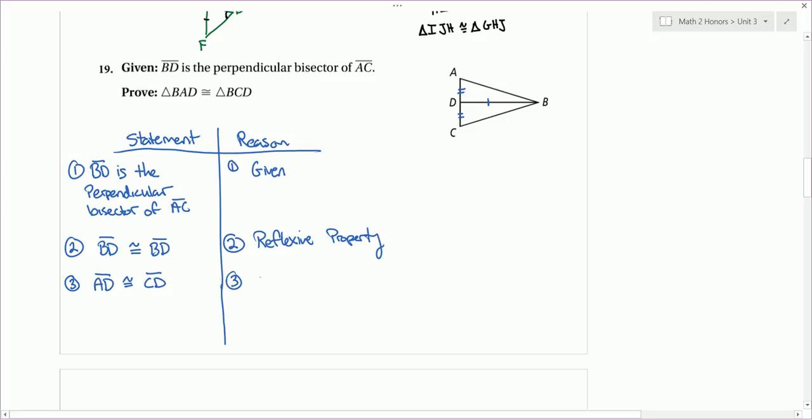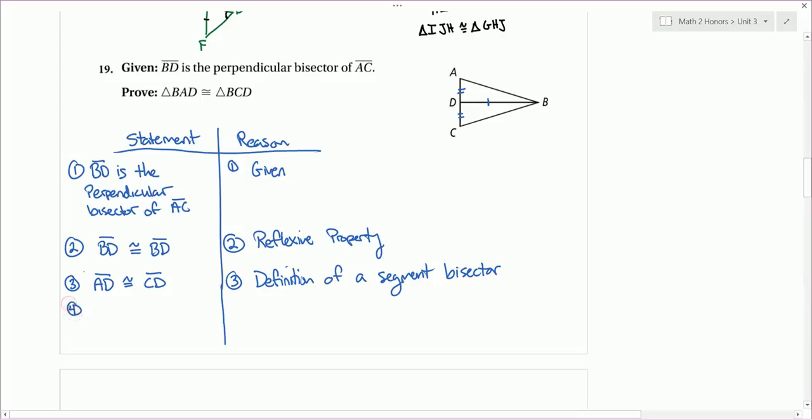So definition of a bisector. A bisector means it actually cuts that in half, and so BD cuts AC in half. So D is that midpoint, so AD and DC are the same length.